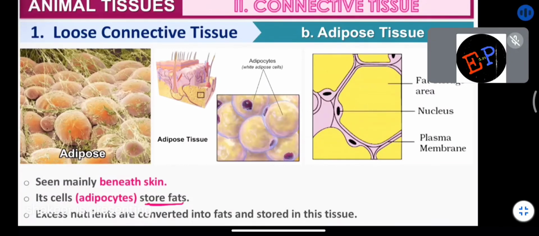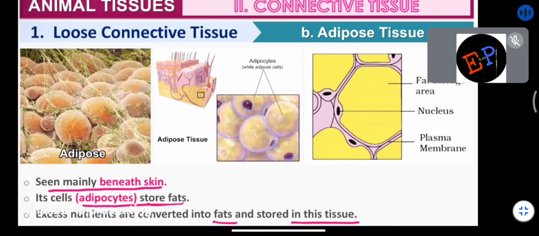So these adipose tissues are seen mainly below the epithelial tissues or below the skin. What is the name of these cells? They are called adipocytes. These are the cells which store the fats. Excess nutrients are converted into fats and stored in this tissue.